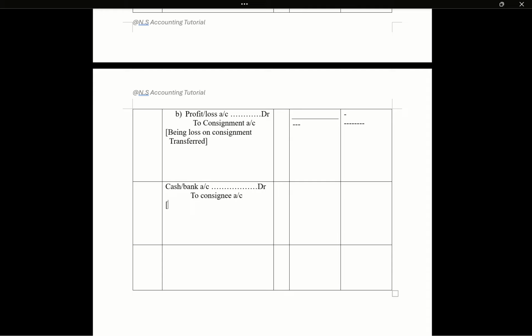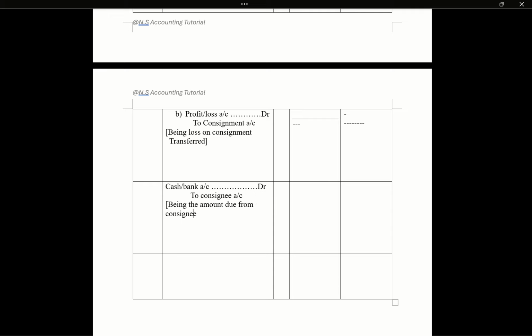Narration will be being the amount due from consignee received. And the amount is rupees 37,000.